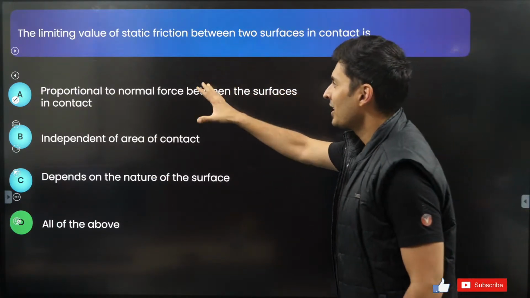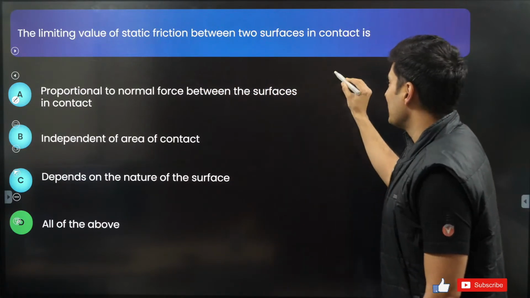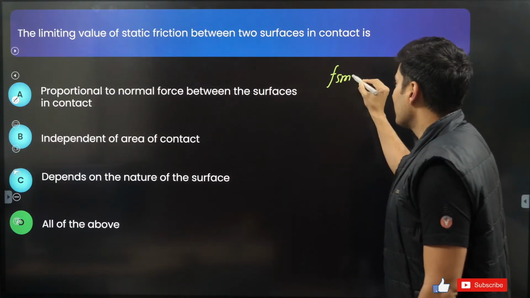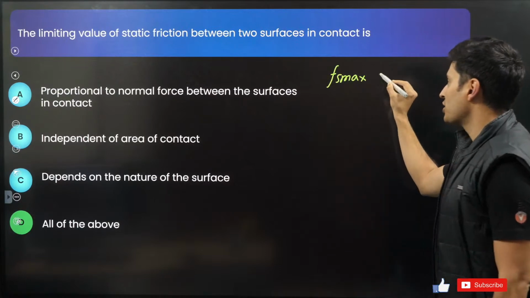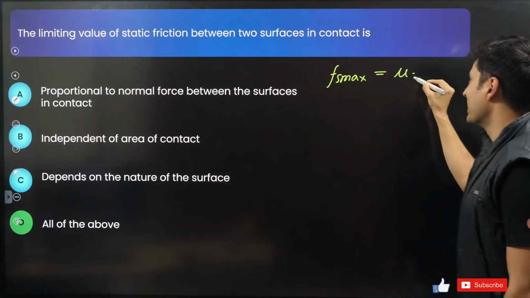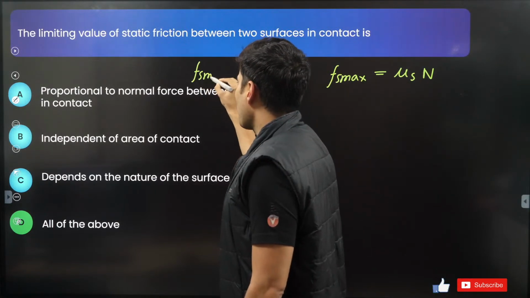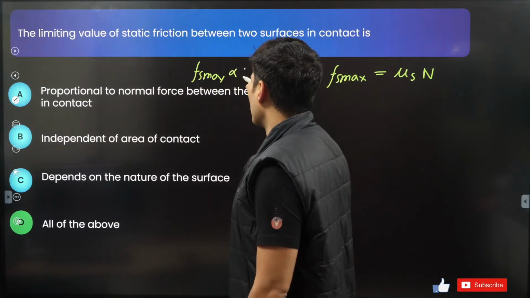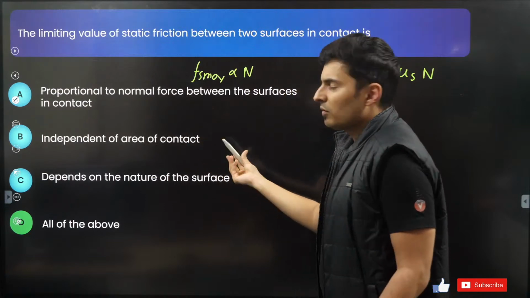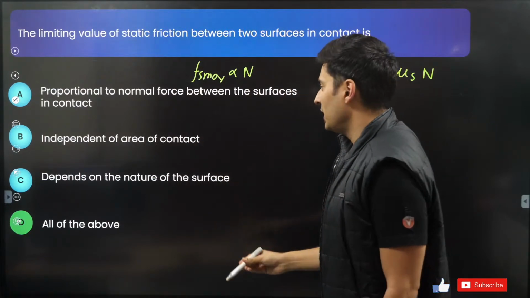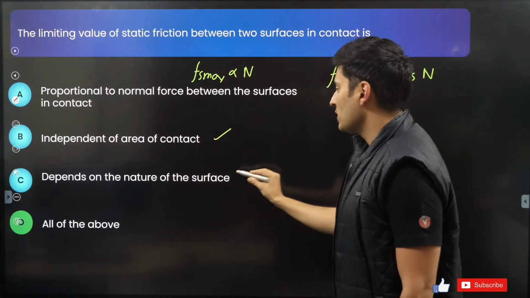All of the above. The limiting value, that means the maximum value, the limit till which frictional force can increase, is given by mu s into N. So definitely Fs max is going to be proportional to N. Independent of the area, I just told you. Yes, it is independent of the area. That is true. Depends on the nature.